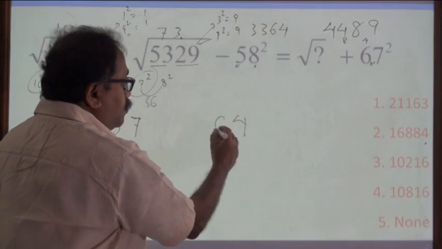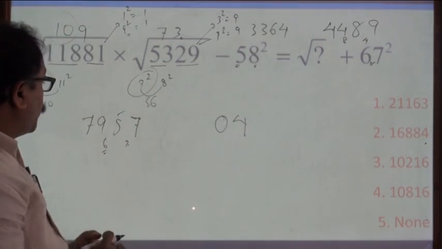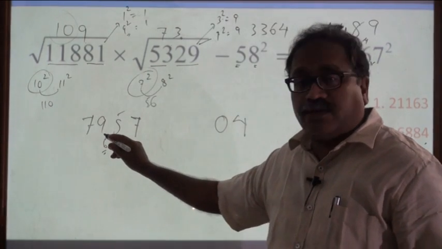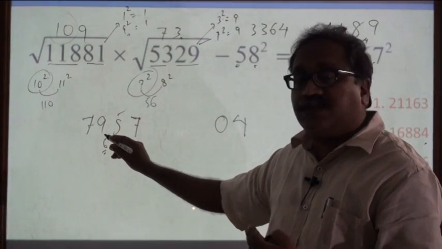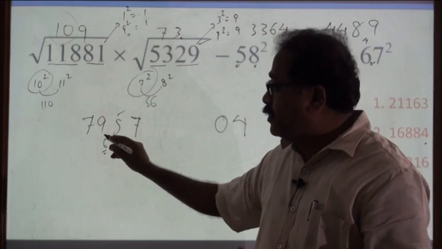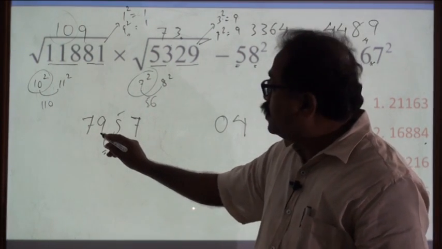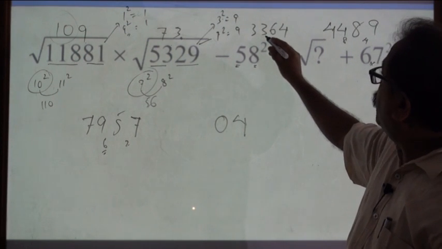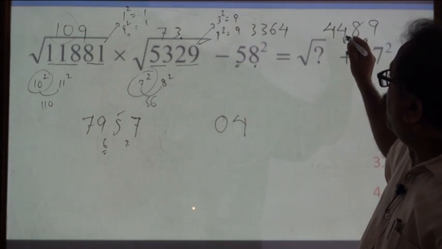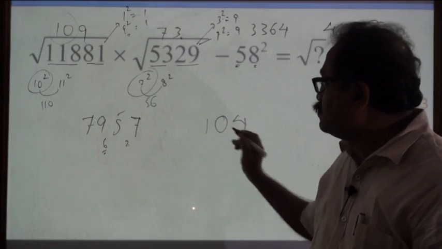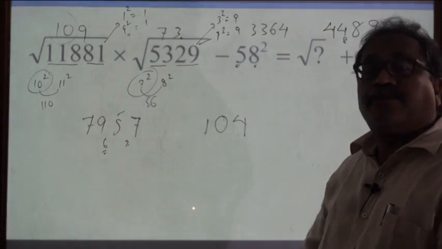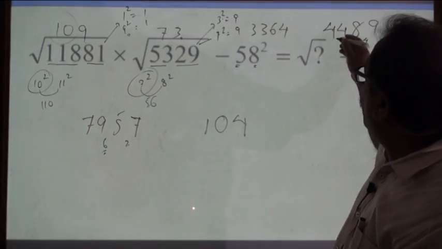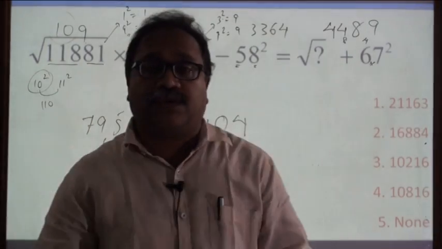So I will place 0 over here. Now this 9 is no more 9. This is 8, because we have taken 1 instead of 4, we have taken 14. Now 8 minus 3 is 5, and 5 minus 4 is 1. Done. Next, 7 minus 3 minus 4 is equal to 0.